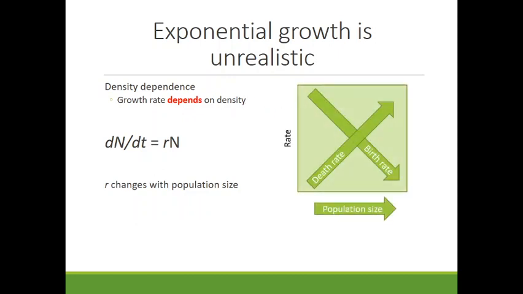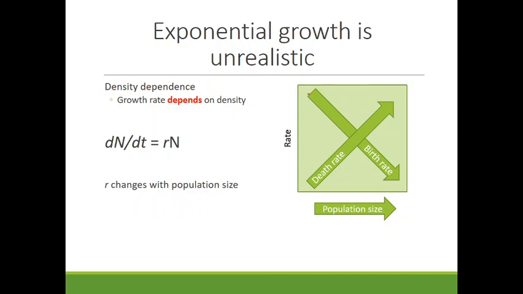So let's think of an example: a petri dish full of bacteria. At low population, each individual bacterium has a ton of food, so the probability that it's going to starve is low, and because it has so much food, it can produce a ton of babies.